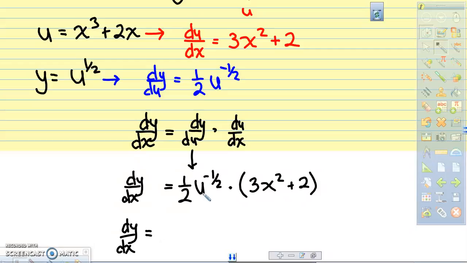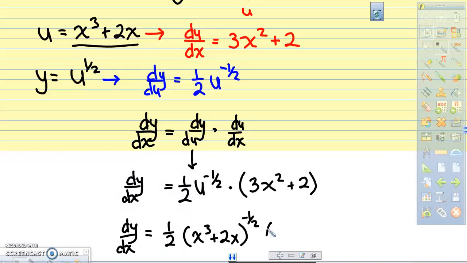So plug in x cubed plus 2x for u. So you get 1/2 x cubed plus 2x to the negative 1/2, and the 3x squared plus 2. And that's your answer.